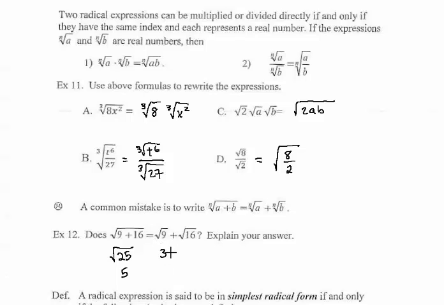The square root of 9 is 3. The square root of 16 is 4. So the right hand side of the equation becomes 3 plus 4, 7. The two sides aren't equal. That tells us that we cannot break apart the 9 plus 16 into separate radicals.